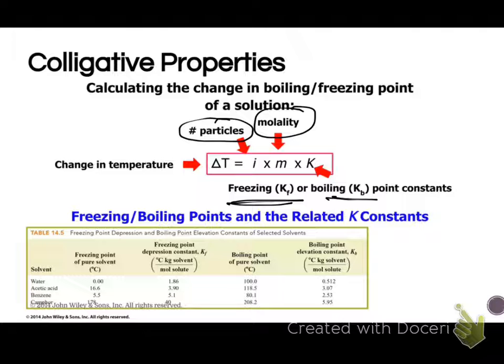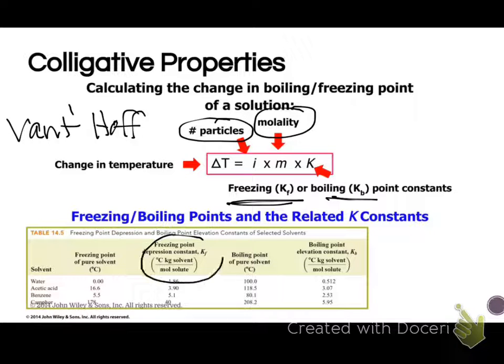i is called the Van't Hoff factor. It literally just means how many particles are formed when you dissolve the substance into the water or whatever solvent. m is molality, as we just used, and K is just a constant that depends on whether you're doing water or some other substance and whether you're freezing it.